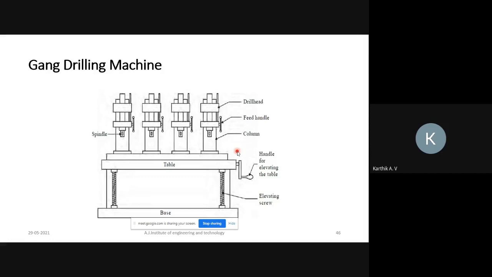You can carry these out with this gang drilling machine. That is why it is named gang. Multiple operations can be carried out in a single workpiece, and these four together are considered a single station. This is the working principle of the gang drilling machine.